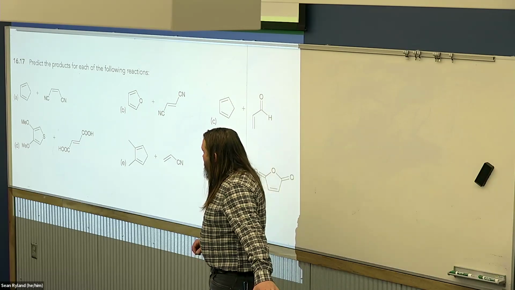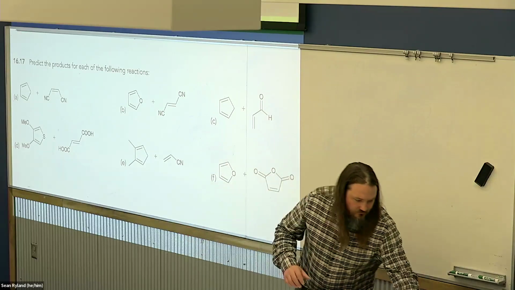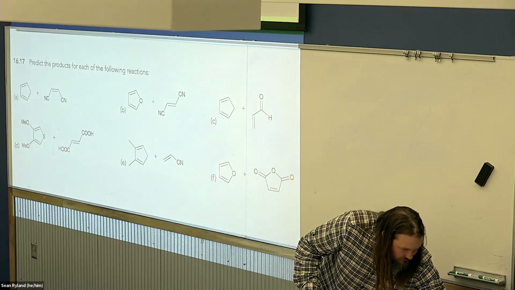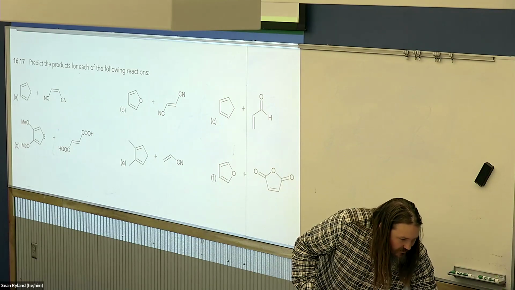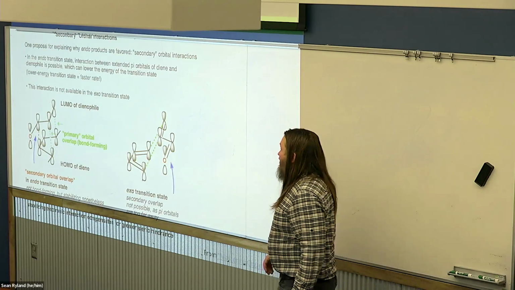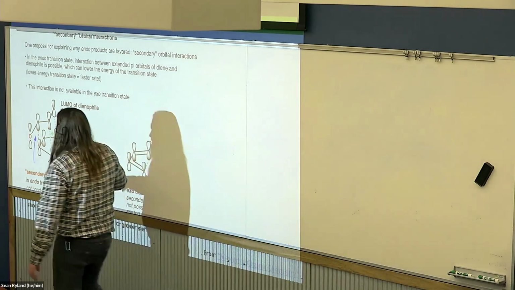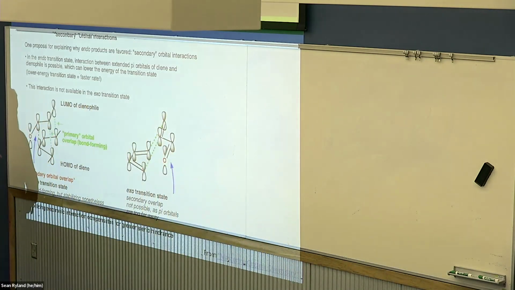Anyway. You said the endo configuration on the last slide was favored thermodynamically, right? Endo is favored kinetically, because the transition state energy is lowered by all these pi orbitals overlapping with each other in favorable ways. And in general, we're going to favor the kinetic product pretty much always with these Diels-Alder reactions.